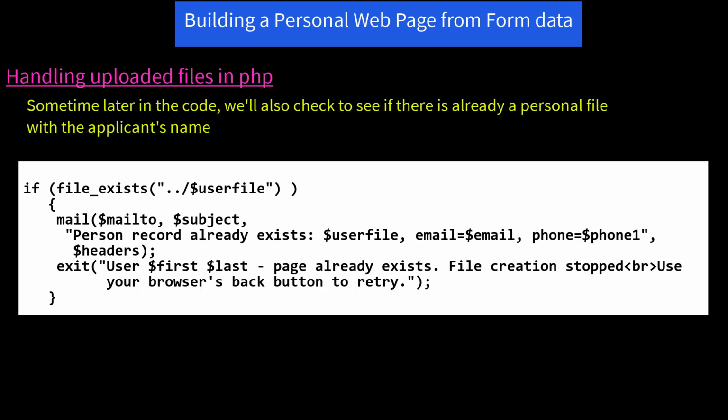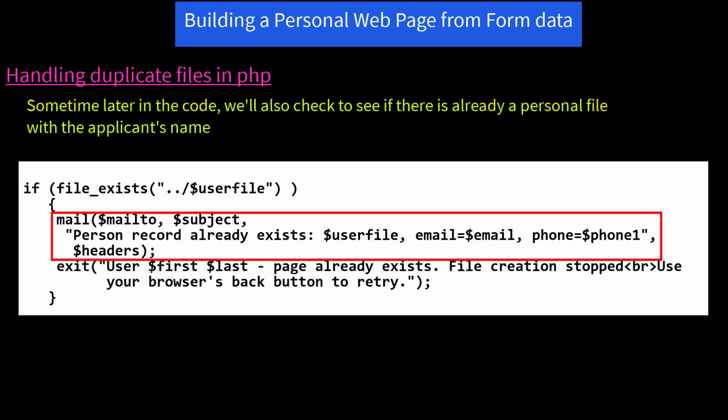So now if file exists of /$userfile, again, the mail function, $mail_to and $subject have already been set. The text of the email is person record already exists, and then the name of the user file, the person record, and again the email and phone of the contact, and then the $headers.